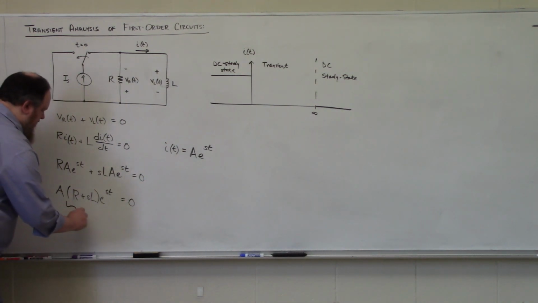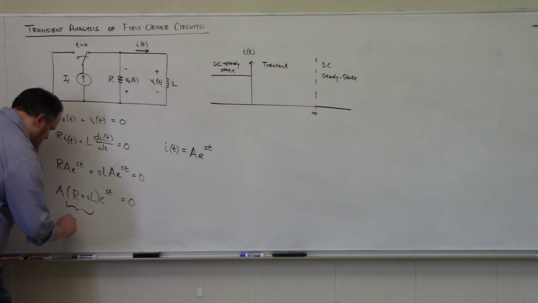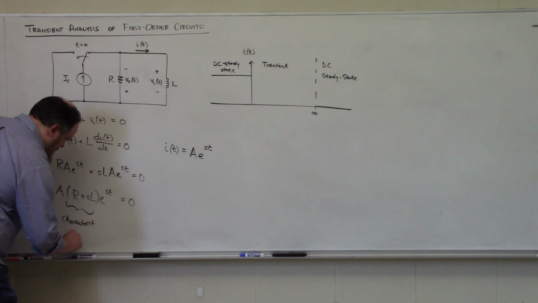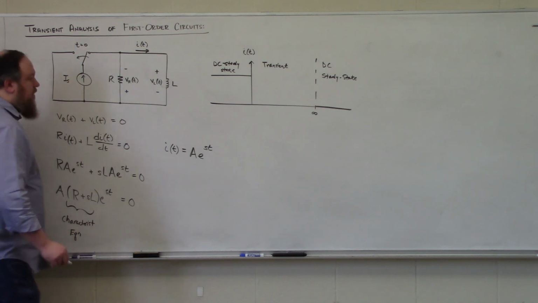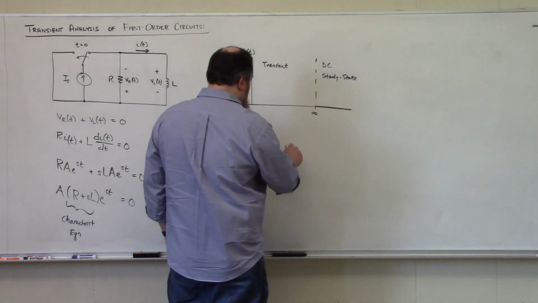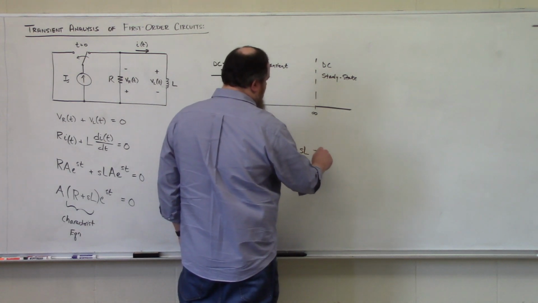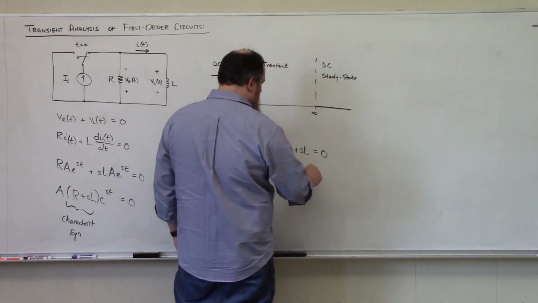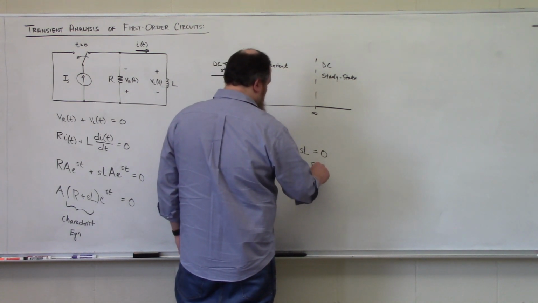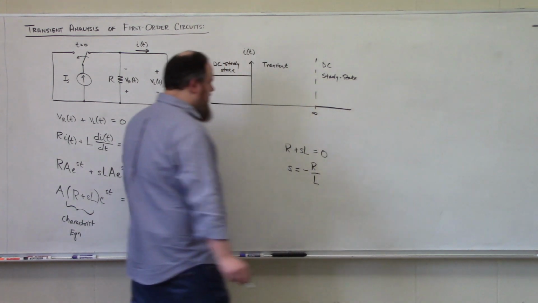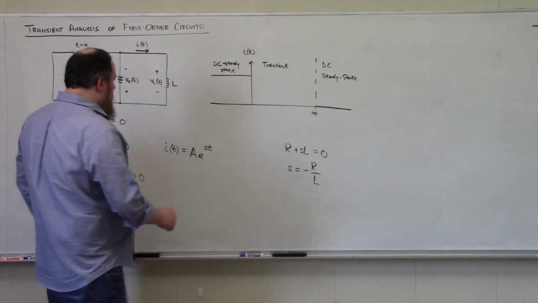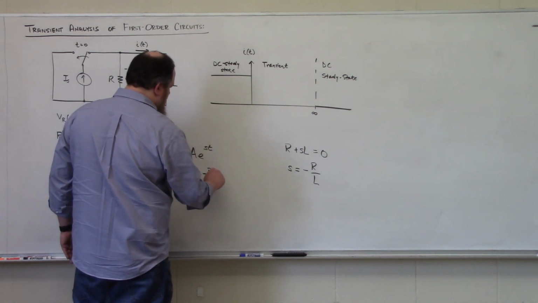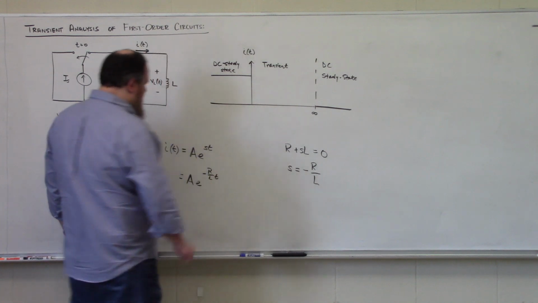And again, we have a characteristic equation. So if R plus sL must equal 0, then that means s is equal to negative R divided by L. So we can write this as A e to the negative R over L t.